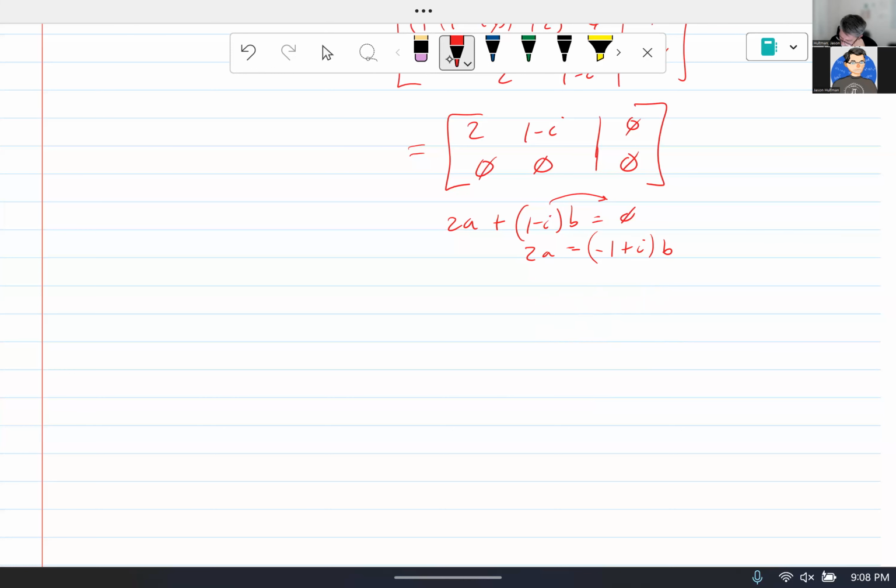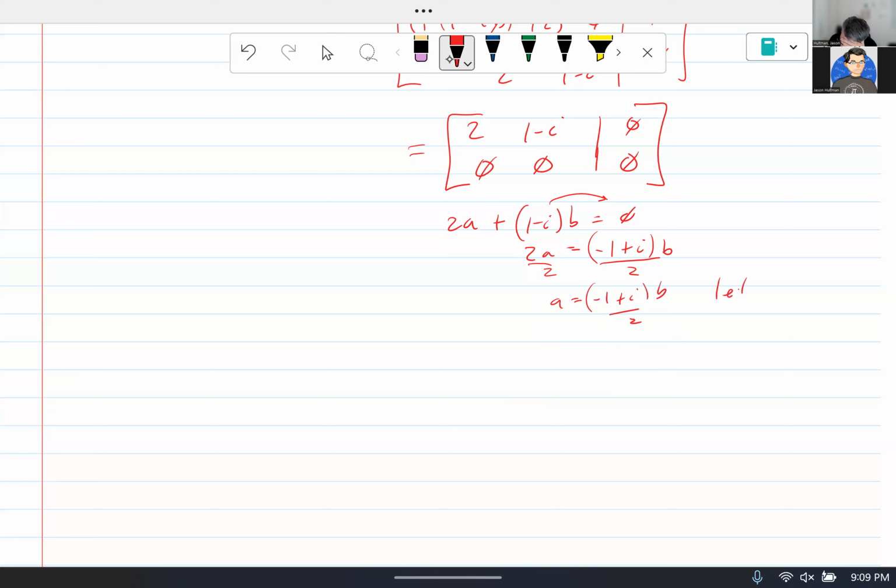So what do I want? I want this to be 2a is equal to that. Let's think about this for a second. Oh, I'm going to use a third variable. That's what I'm going to need to do. Okay, -1 plus i times b over 2.